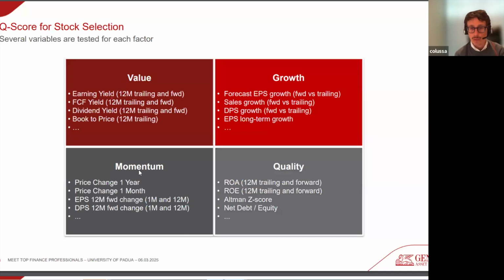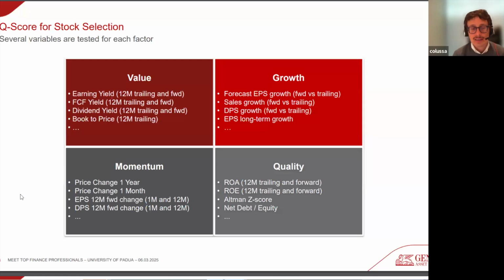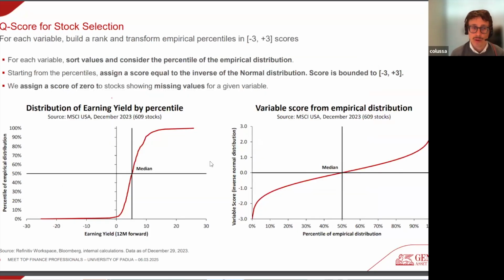The variables we tested, so you see quality, return on assets, investment, etc. We combine these variables together with some techniques that allow us not to focus too much on making assumptions on the distribution, but rather to work on the empirical one.